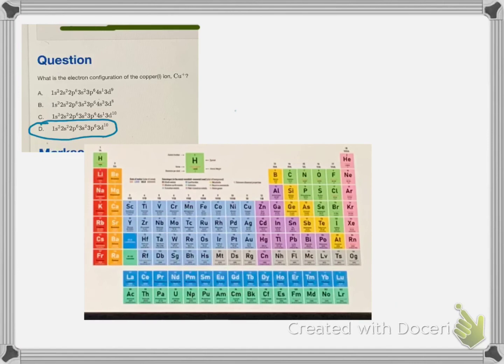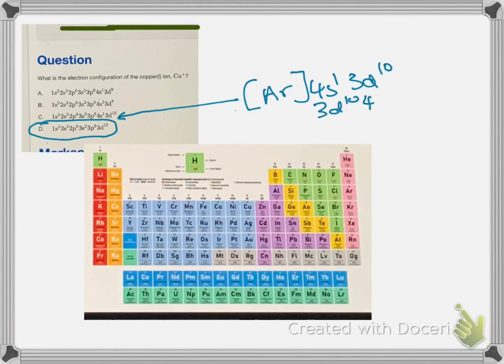Now C is a wrong answer because this is argon 4s1 3d10, same as 3d10 4s1, which is the actual electron configuration of a normal copper atom in its neutral state.